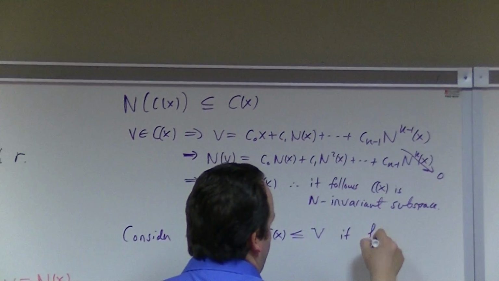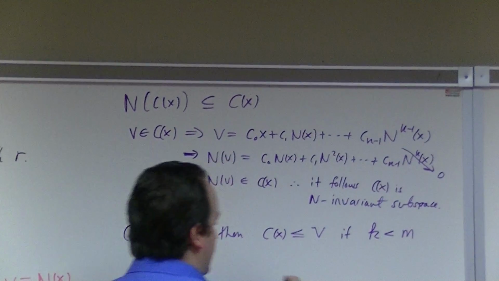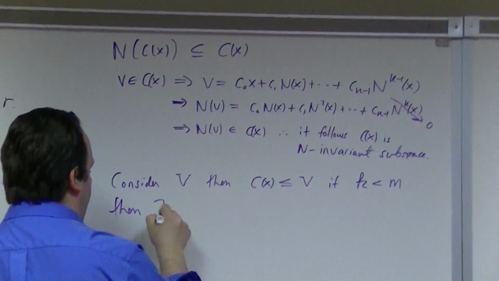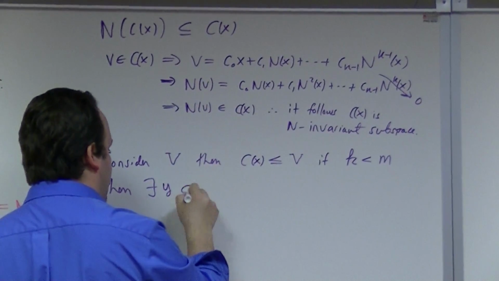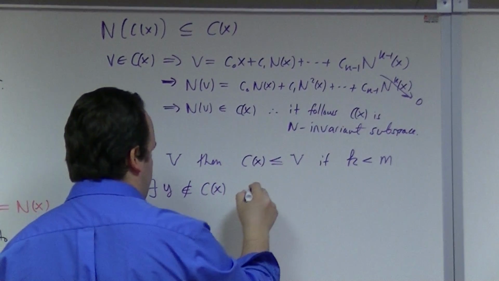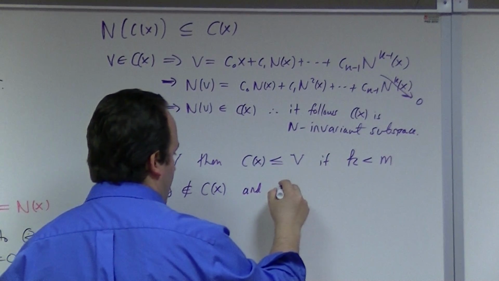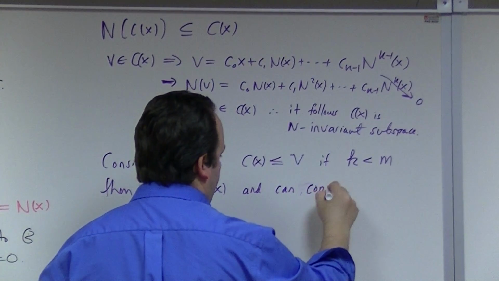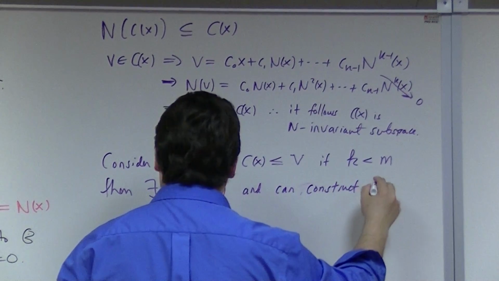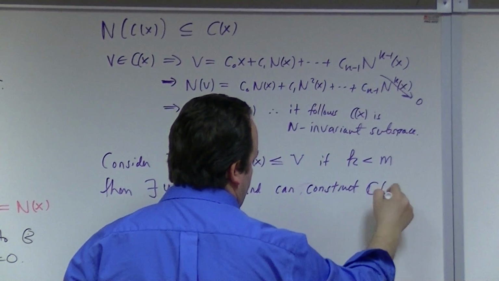And if the length k of the cycle is less than m, then there exists some y which is not an element of C of x, right? And then you can construct the cycle generated by y.